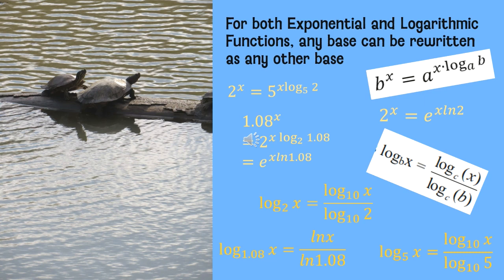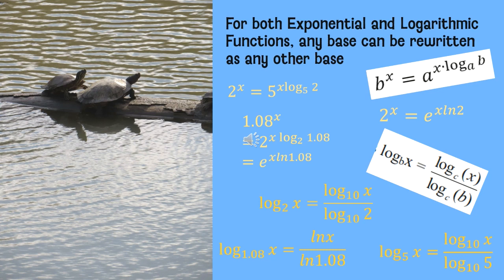Often you're actually wanting to rewrite bases as base e or base 10 because base e and base 10 are commonly used, probably e even more than 10. So if I rewrote 1.08 to the x as base e, then e now becomes the base, and then I have my variable x.